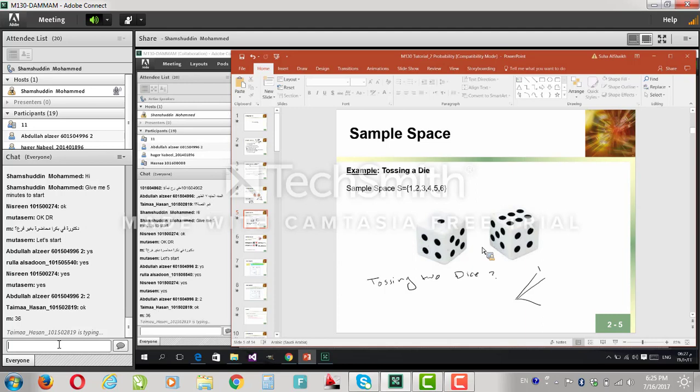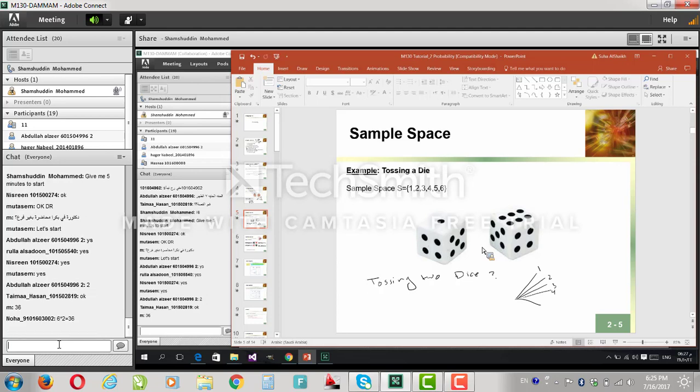That's correct. 36 outcomes we have. Excellent. In the first toss the outcomes are 1, 2, 3, 4, 5, and 6. In the second toss, each of the outcomes again will be 1 to 6. So 6 outcomes in the first time, multiplied by 6 outcomes in the second.